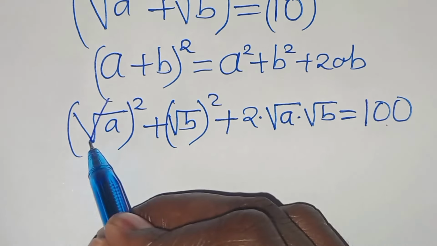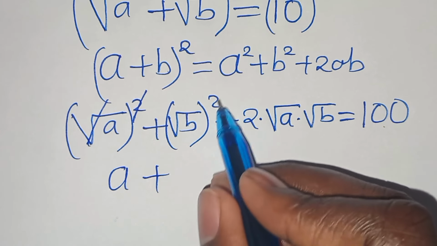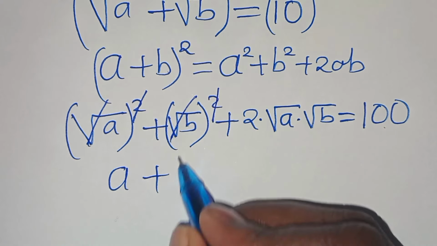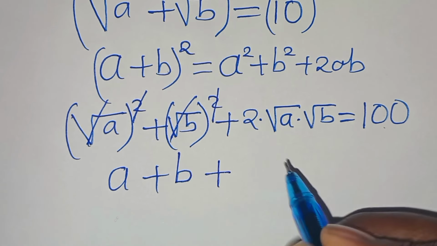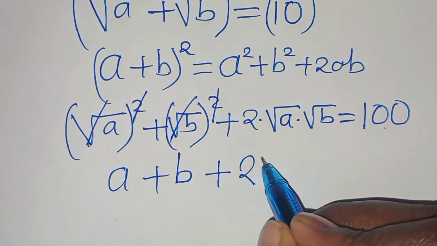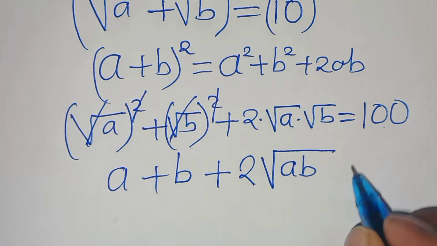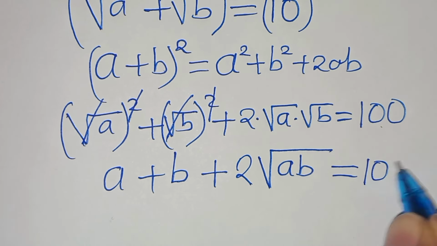So let's simplify here so that we have a plus square root of b squared. We eliminate the square root sign, so we have b plus 2 times square root of a times square root of b. This is the same thing as square root of a times b, which is equal to 100.